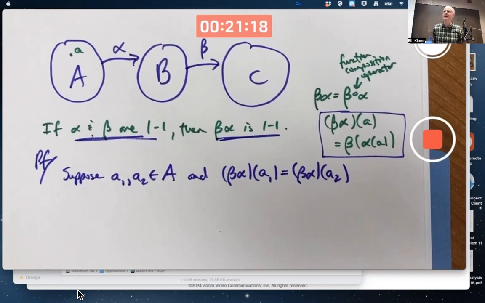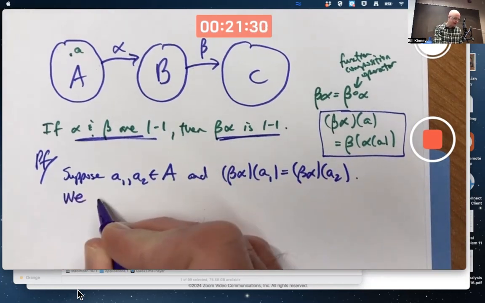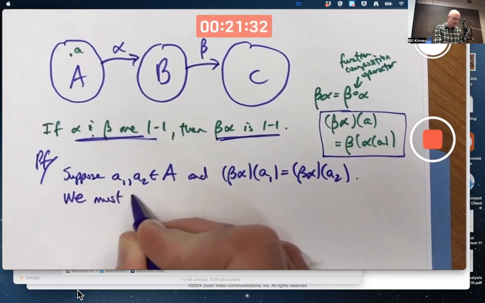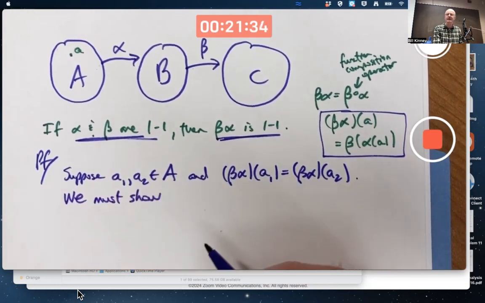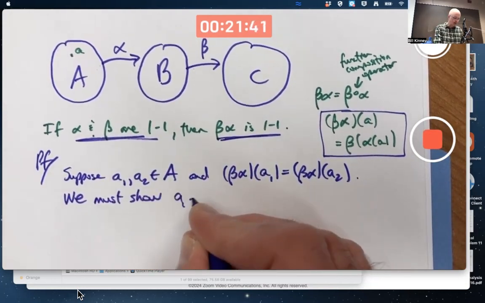Beta alpha is one individual function that we're trying to show is 1-to-1. Maybe it's helpful to write something like: we must show A1 equals A2. It's not necessary to write this, but if it's helpful to you, go ahead and do so.